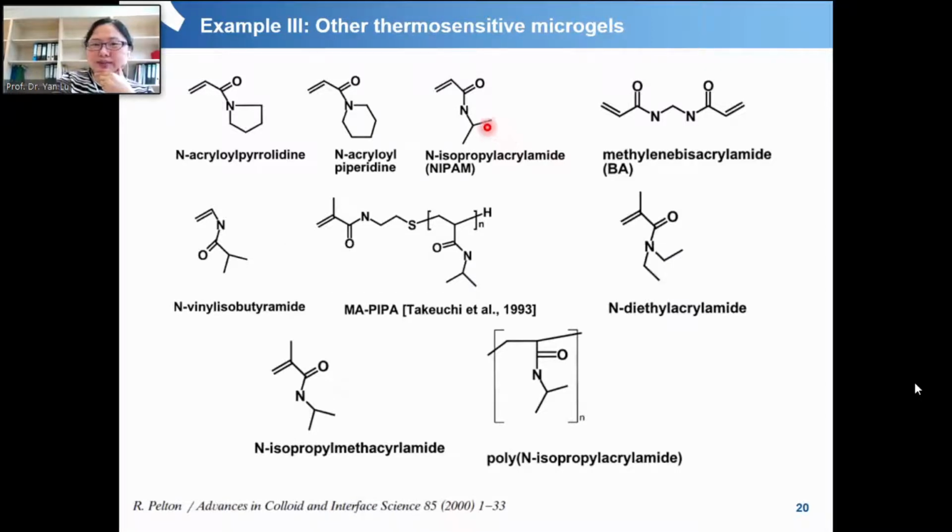This is because it is really one of the most model and classical systems. It does not mean other systems are not good, just that since a lot of work has been done on this system, it is well studied. And people would like to use this model system to investigate different applications.